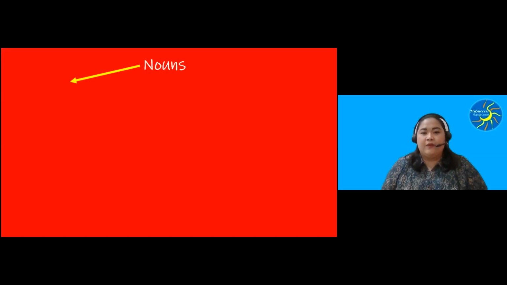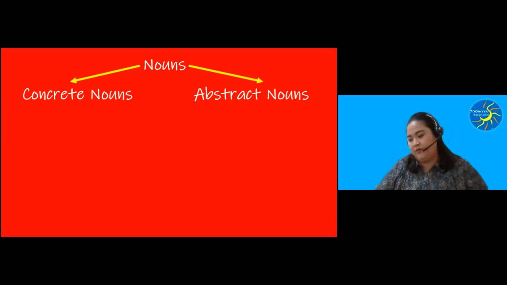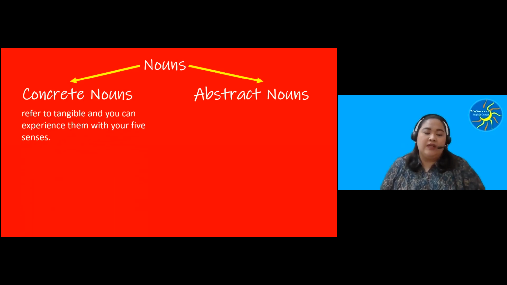Right. So there are two types of nouns that you will find out today, which is concrete nouns and abstract nouns. What is concrete nouns and what is abstract nouns? Basically, concrete noun refers to tangible things, the things that you can experience by your five senses.